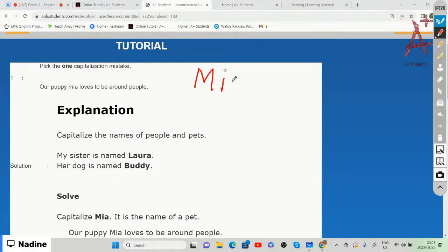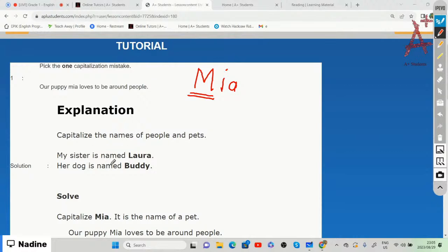So we write Mia, right? So of course, there are different ways in which to write somebody's name, but the first letter of the person's name needs to be written with a capital letter, and we call that capitalizing, or capitalize. So we capitalize the names of people as well as pets.